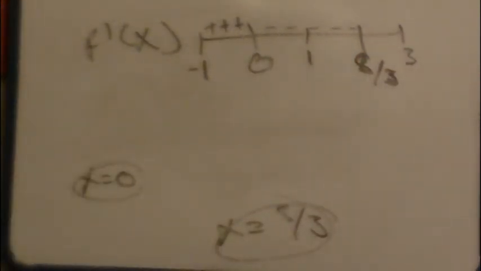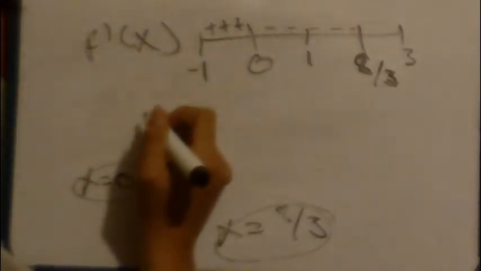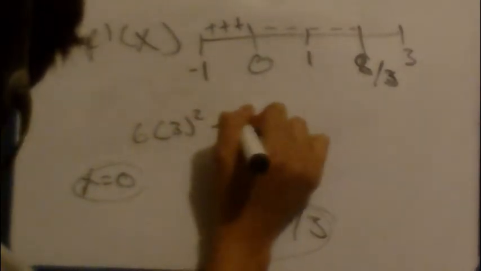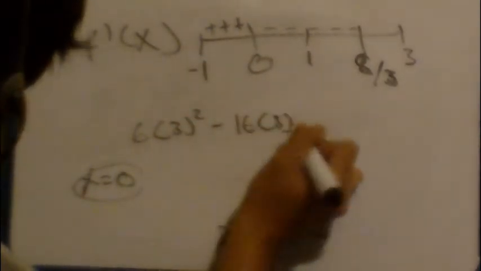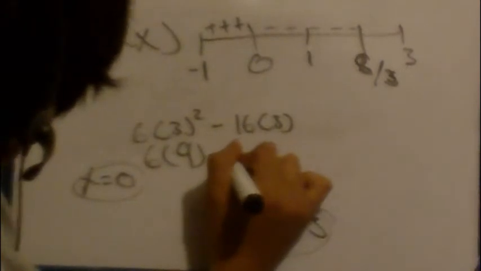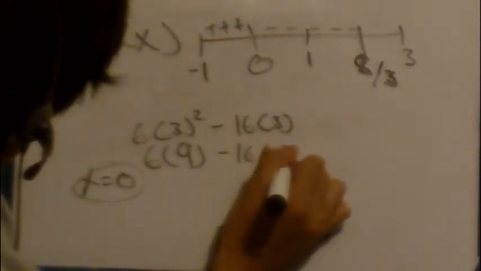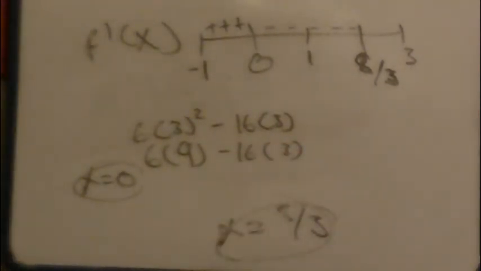And now, to determine the sign after 8 over 3, actually this should be pretty obvious, but we'll prove it anyway. Minus 16 times 3. Well, 3 squared is 9 times 6 minus 16 times 3. Now, which one's greater? 9 times 6 or 16 times 3?